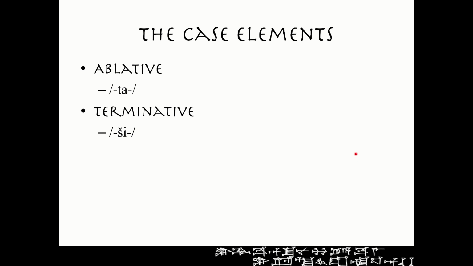And you would see a ta, perhaps, in the verbal chain that would refer you to the ta on the noun. The terminative, to or towards, is shethri. That's the form that appears on the noun. Well, the form that refers to it in the verbal chain is she. So very similar. So she refers to shethri. So if you see a she in the verbal chain, look for a noun with a shethri on it, referring to the terminative.